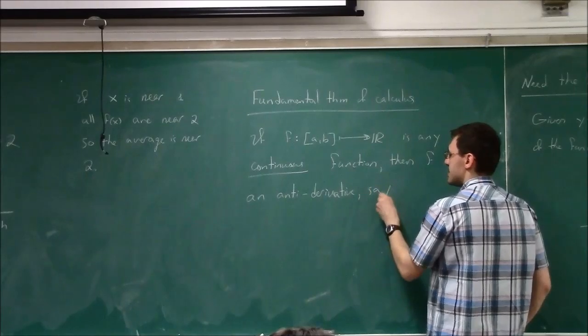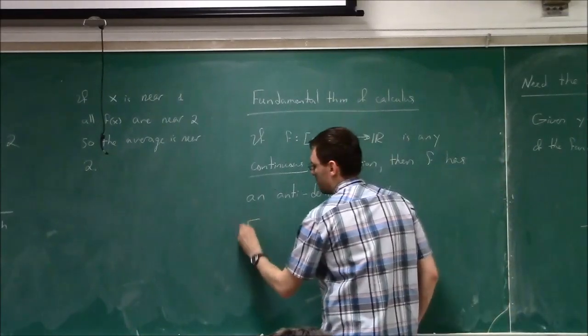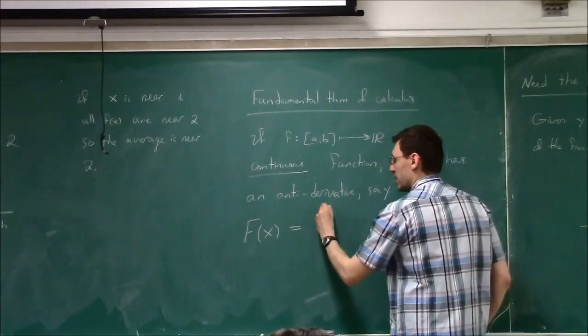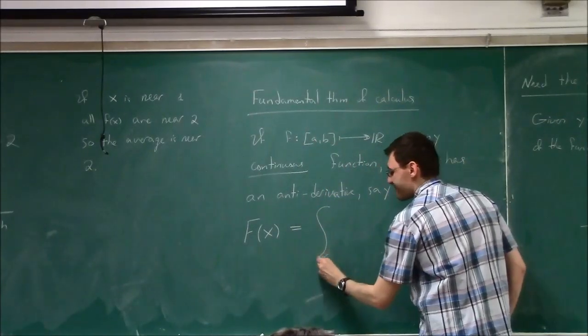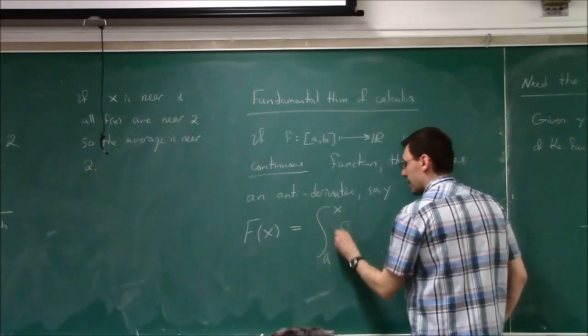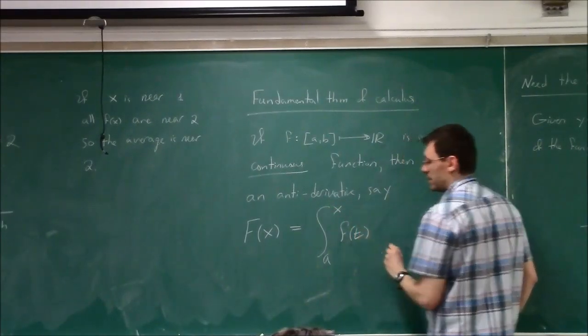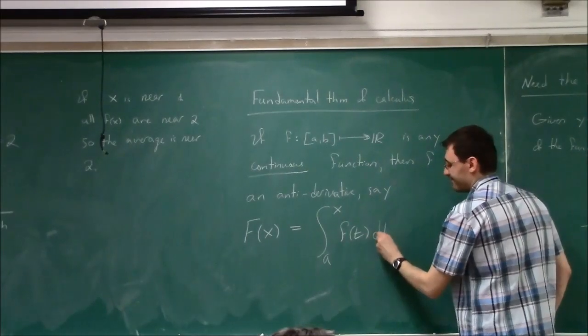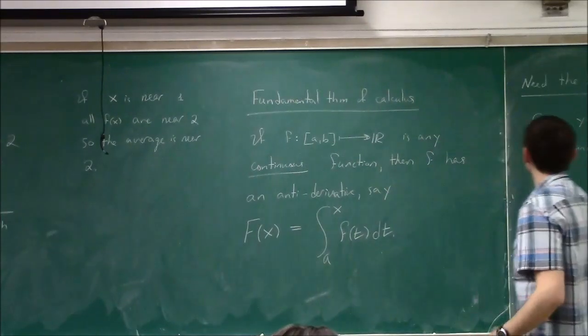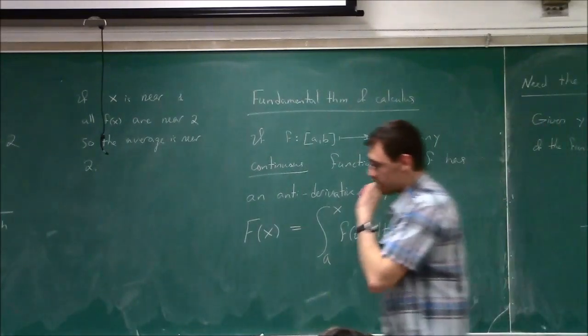Say a function of this form is going to prove useful, capital F of x, where you start at a and end at x, and then you write the function using a different variable, f of t dt. Now here is why.